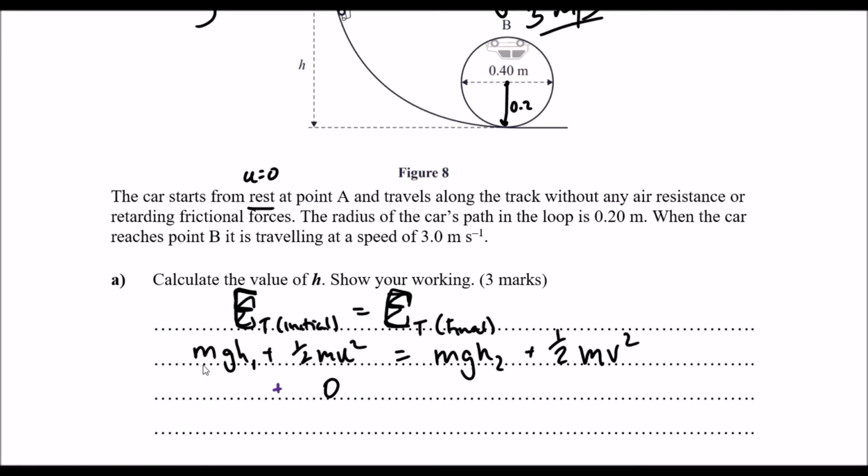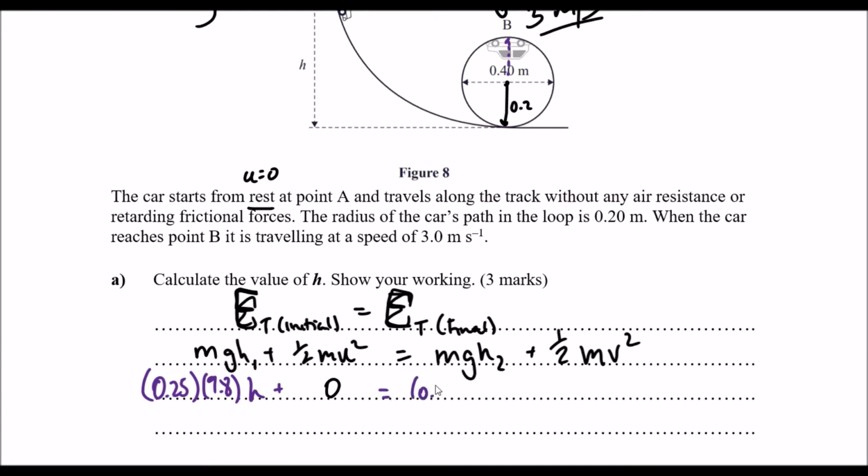We know that the mass is 0.25, acceleration due to gravity is 9.8, and the height it starts off with is what we're trying to find. We reach a height of 0.4, as you can see it's up here, 0.4 from here to here. So 0.25, 9.8, 0.4, plus half, 0.25, v squared, which is 3 squared, and then substitute all those values together.